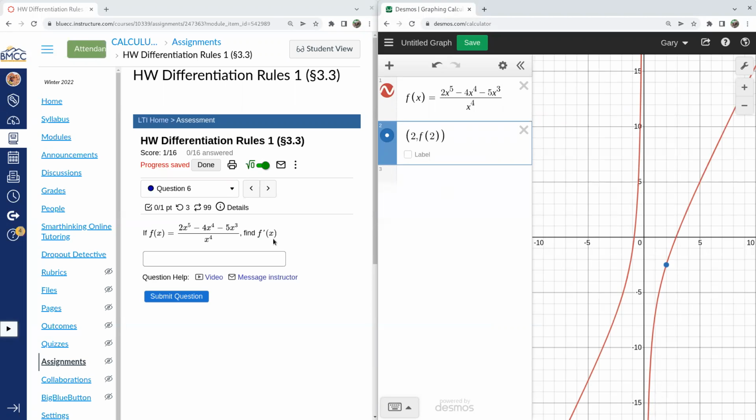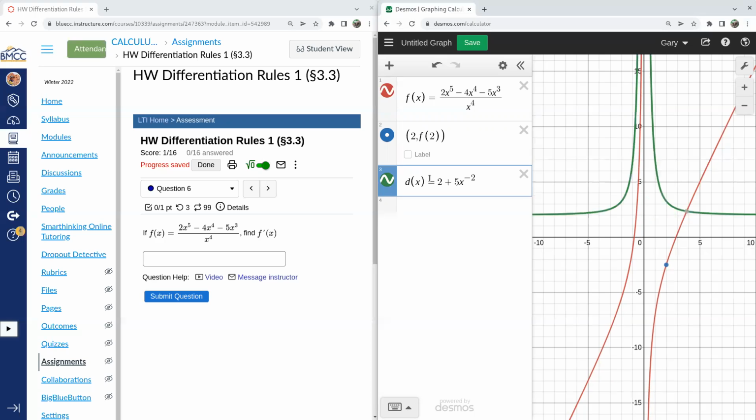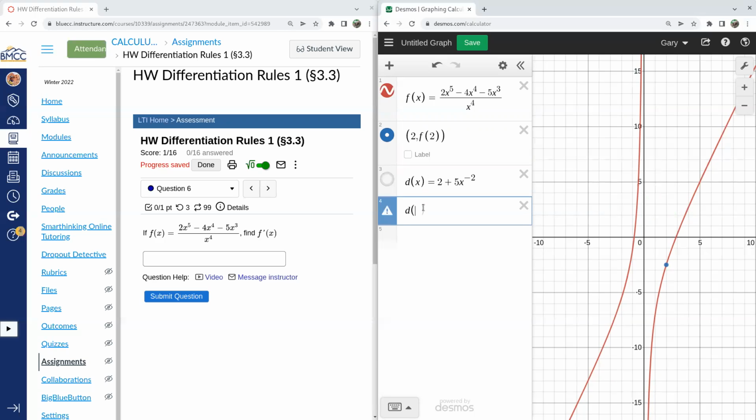So I want to see if I have the right slope, f prime. All right. I claim that f prime, what am I going to call that here? I'm going to call it d of x for derivative. So my derivative function, I think, is 2 plus 5x to the power negative 2. I think that's the slope function. I don't want to see it really, but I want to use it to calculate what is the slope when x is 2, 3.25.